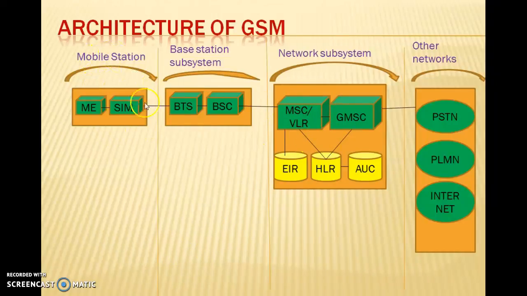And each base station controller controls up to several hundreds of base transceiver stations. And the interface between base station subsystem and network subsystem is A interface. That is A interface. Right.